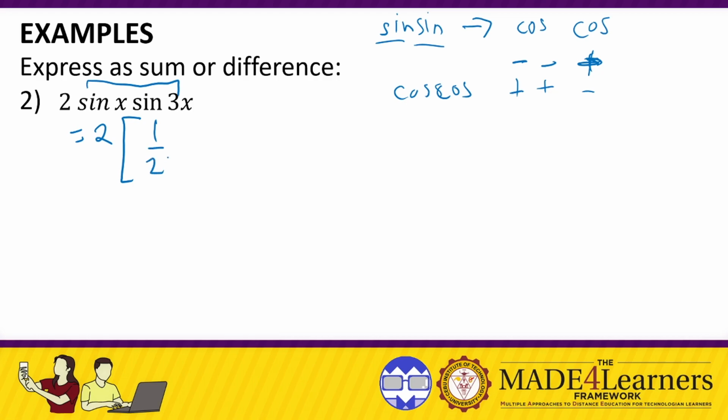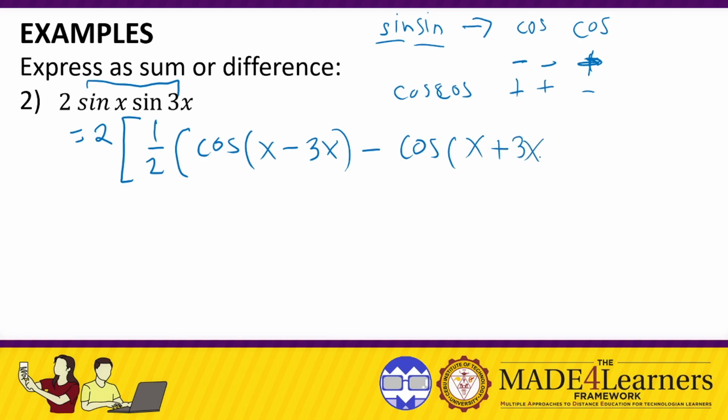We will have 1/2 times cos of the first angle minus the second angle, minus cos of the first angle plus the second angle. Let's simplify.